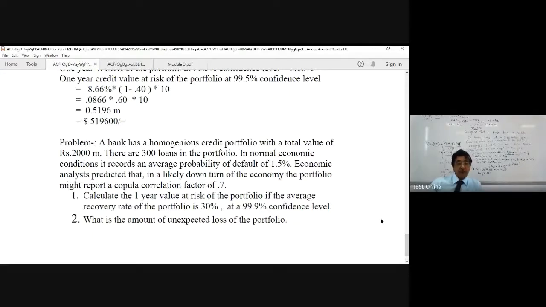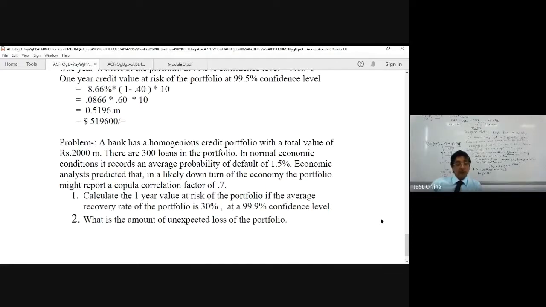Right. So you can say WCDR within brackets 1 comma 0.999 is equal to N. Then open the brackets and say N to the power -1, that is the inverse normal curve, of EDR. Here the EDR is 1.5%, so put it in decimal form, 0.015, plus square root of rho.